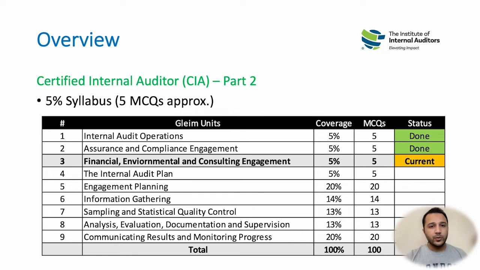This is a brief overview of the entire CIA Part 2 syllabus. If you look at it, there are 9 units in the entire syllabus, which means 9 chapters. The publisher which I'm following is Gleim, because I personally like it because it's concise and to the point.